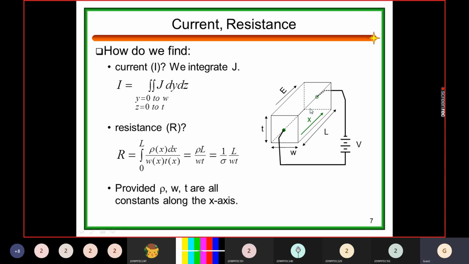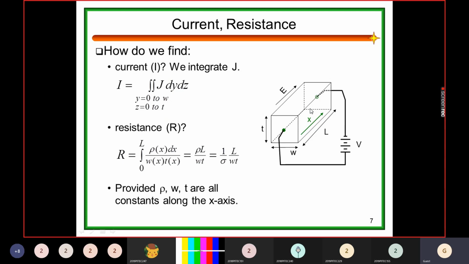You can see the current formula for integration will be given by I is equal to double integral J into dy into dz. We have to solve this integral equation by using the limits y is equal to 0 with respect to W and z is equal to 0 with respect to T, and the resistance will be solved by using the integral equation, integral 0 to the maximum length of the silicon material which we are using into rho of x.